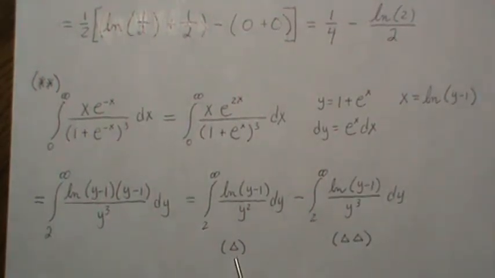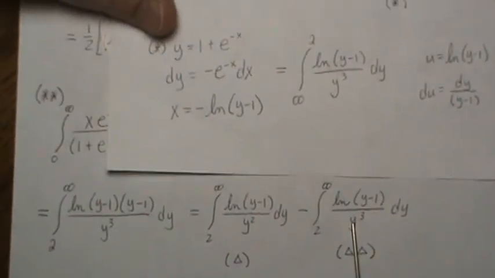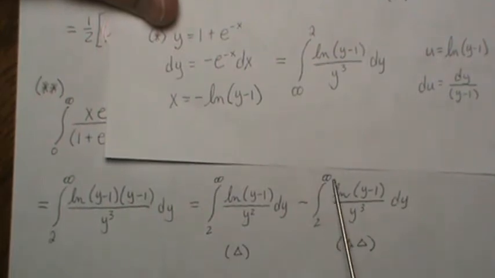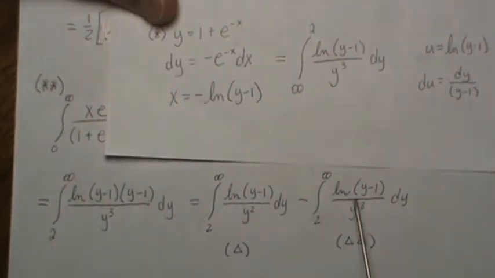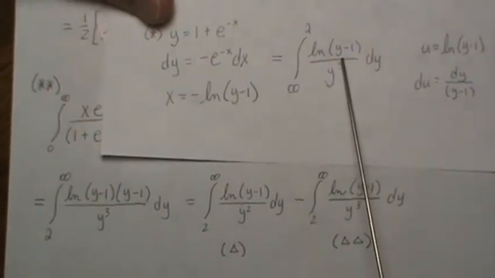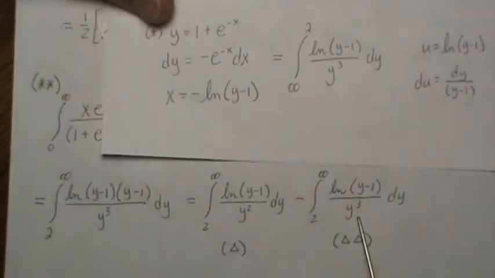So then if we call this triangle and double triangle, let's look at triangle first, because this piece we already solved. The limits of integration are different, and we have a negative out here, but it's the same, log of y minus 1 over y cubed.